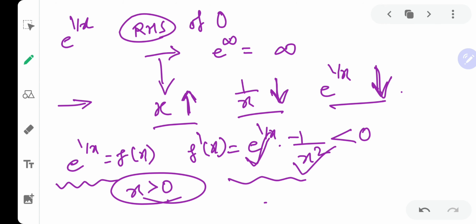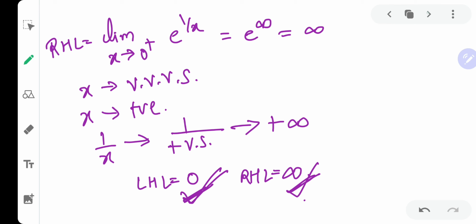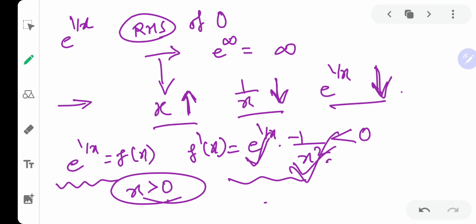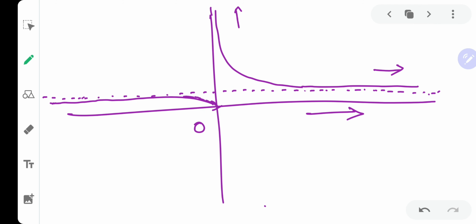Let us see once again. As we saw, f dash x was equal to a negative number, less than 0 always, for RHS also and for LHS also. See, the x value is decreasing and still the y value is increasing. That means this is a decreasing function, and over here the x value is increasing and the y value is decreasing. Hence this is also a decreasing function.